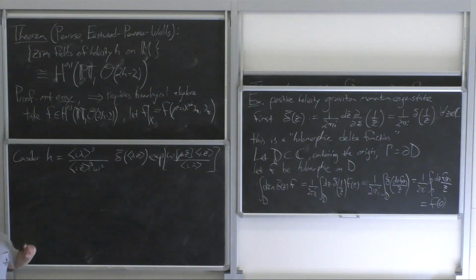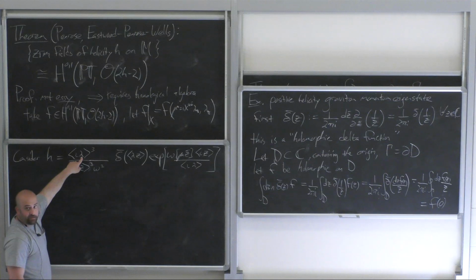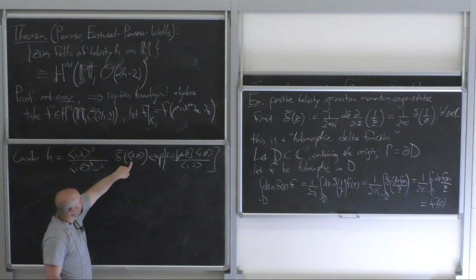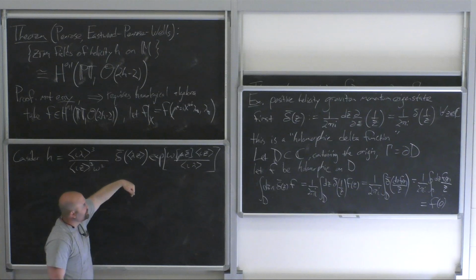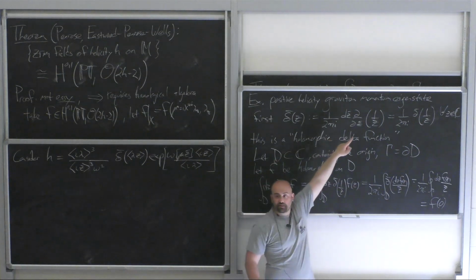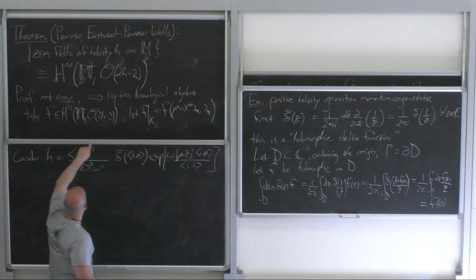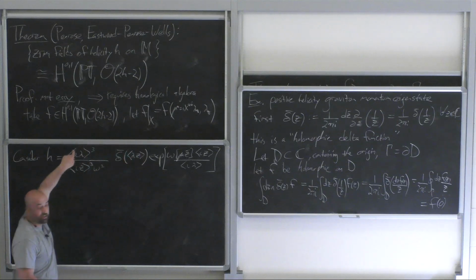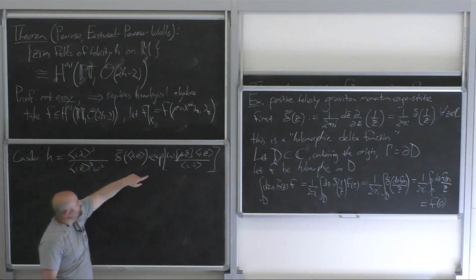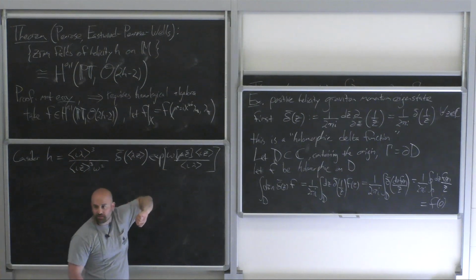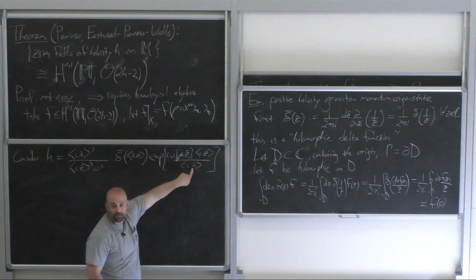Let's check the weight first. I have 3 powers of lambda here. Then I have this delta bar of the angle bracket between lambda and z, but this goes like 1 over its argument. So this prefactor here is actually weight 2 in lambda. And then the argument of the exponential is weightless on twistor space: I have a mu upstairs and a lambda downstairs.